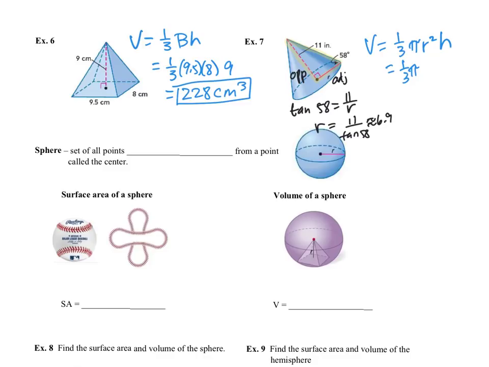So let's put that in there instead of a rounded number. Tangent of 58. Okay, and then multiply by the height, which is 11. Okay, so now grab your calculator, and we should end up with 173.2 pi if you left it in terms of pi, or if you multiply pi, it'd be 544.2. Either way, our unit is going to be inches cubed.